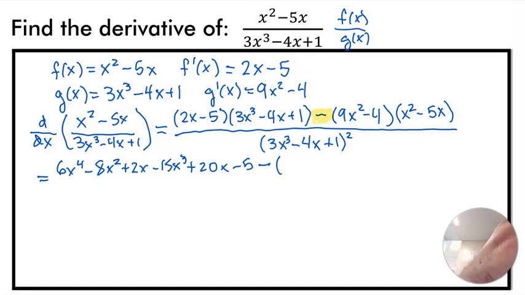All right, let's see here. So 9x squared times x squared is 9x to the 4th, and then minus 45x squared. Minus 4x squared plus 20x. 45x cubed, let's see. Yes, it would be.